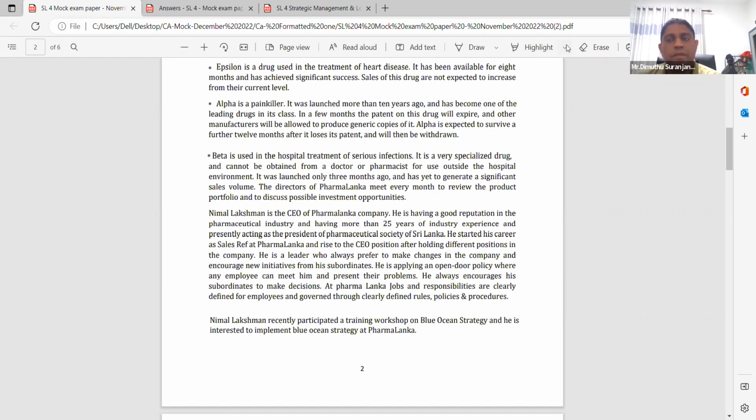Encouraging subordinates to make decisions, that means delegation of authority. Then jobs and responsibilities are clearly defined. And organizational activities are governed through clearly defined rules, policies, and procedures.